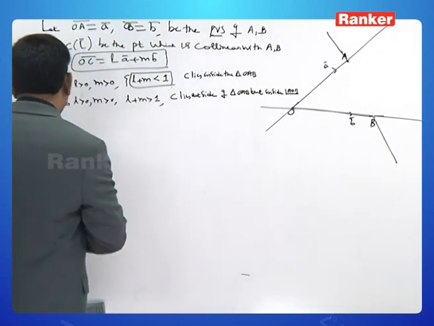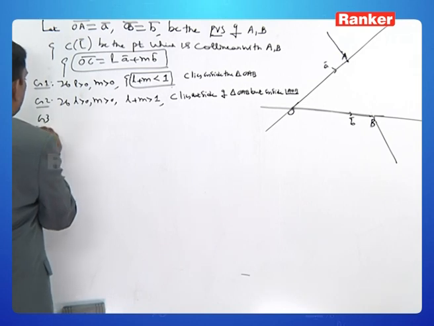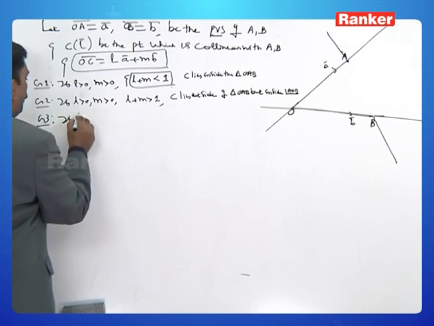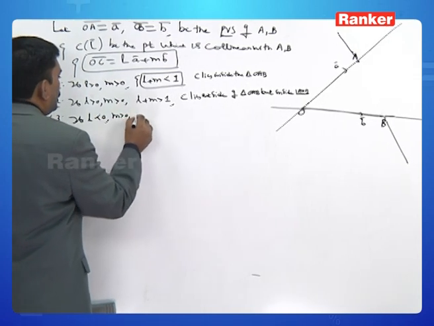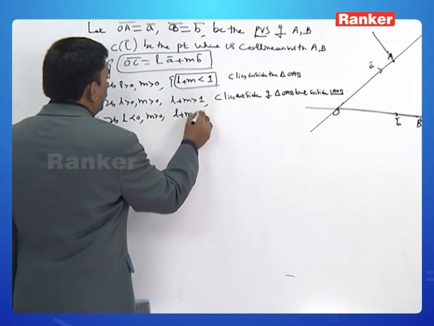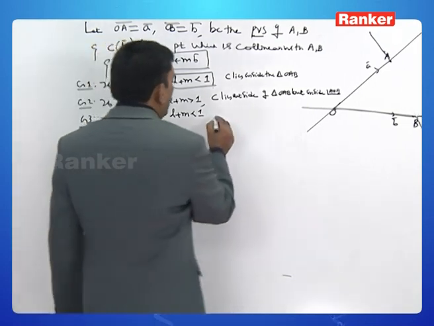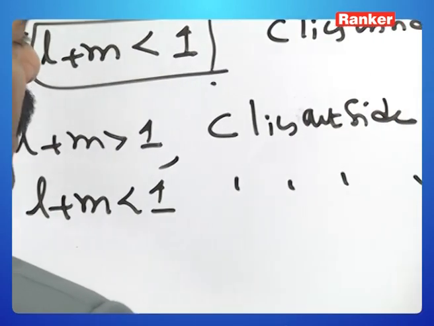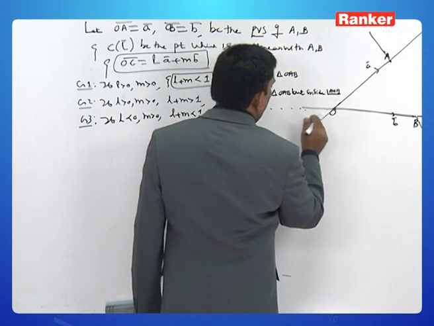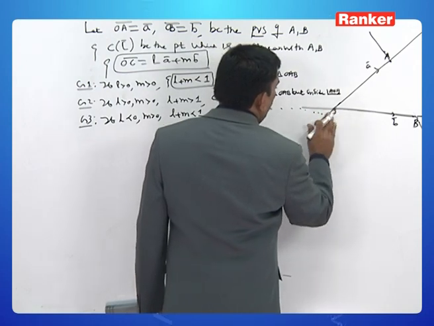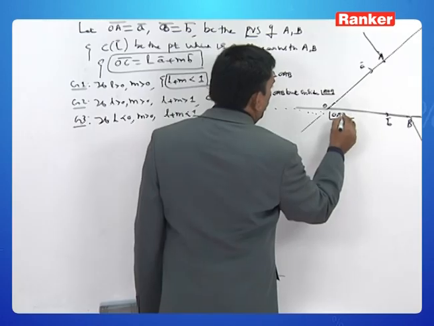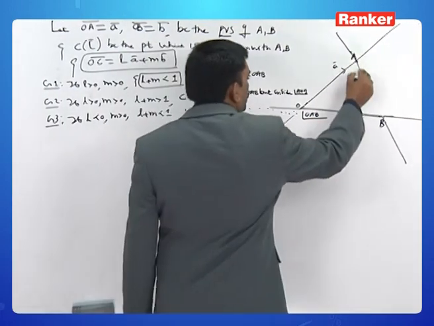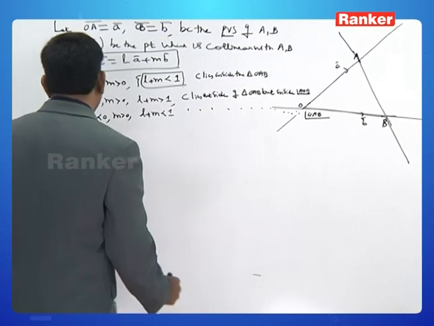Let us see. Case 3. If L negative, M positive, L plus M less than 1, C lies outside of the triangle, but inside of angle OAB, like this, OAB.